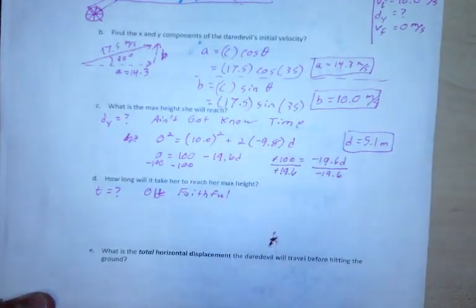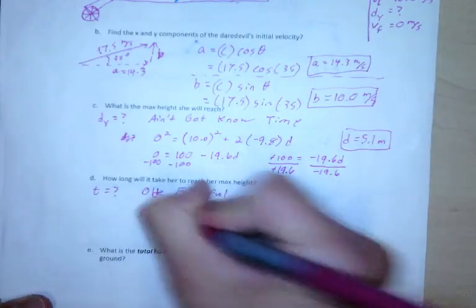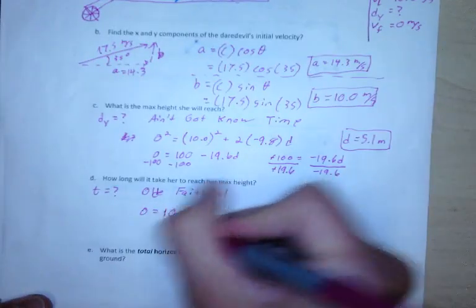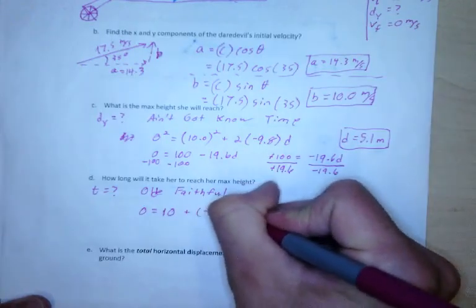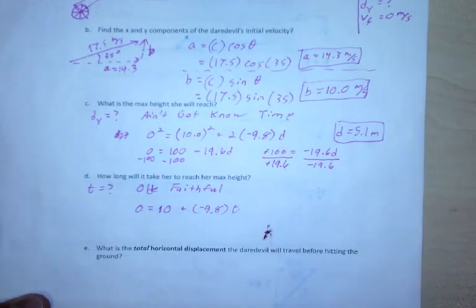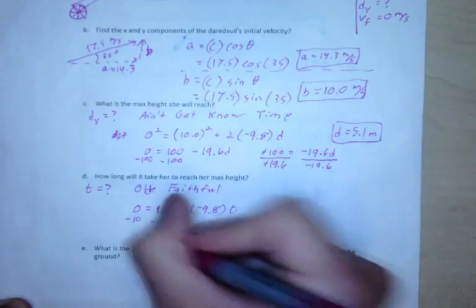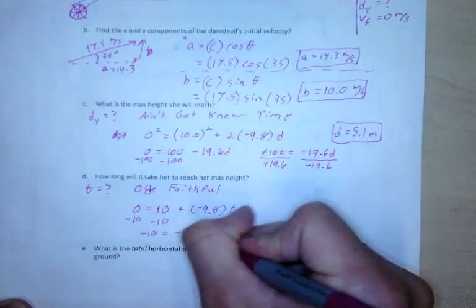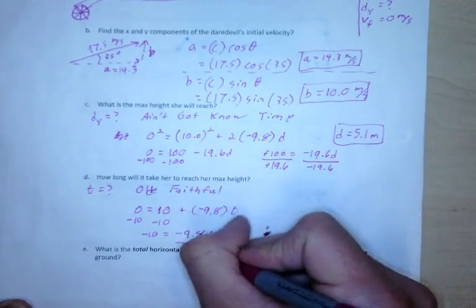Okay, so VF equals VI, using the y direction, plus AT. Again, we're trying to get the T by itself, so we have to subtract that 10 over. Negative 10 equals negative 9.8 T. We're multiplying by the negative 9.8, so we're going to divide by it.